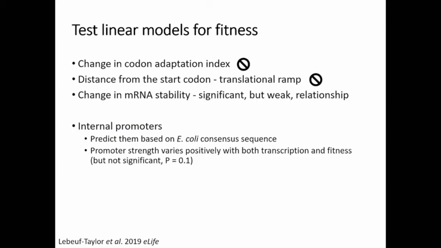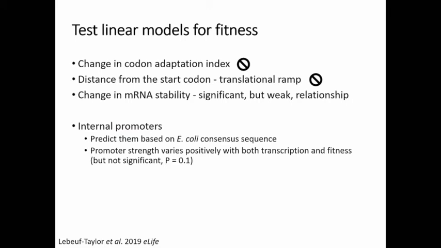The one thing that's a bit of a problem here is that we don't have a really good predictor for promoters for Pseudomonas fluorescens specifically. So we were using prediction software that was using an E. coli consensus sequence. So that's not great. So we're probably missing and perhaps not identifying really well the promoter sequences. But this was kind of the best that we could do with what we had.